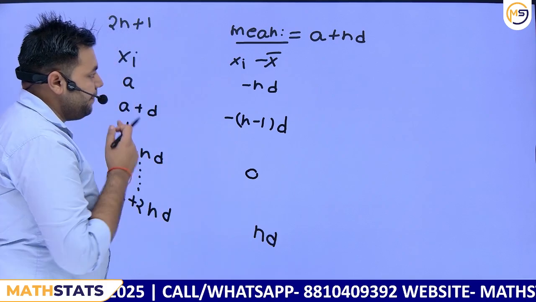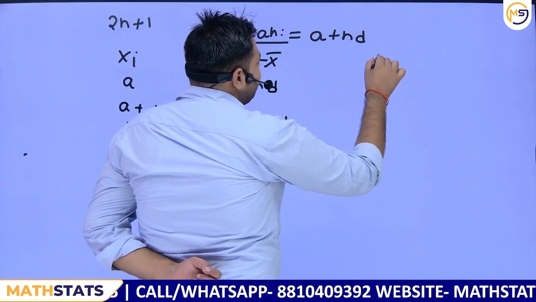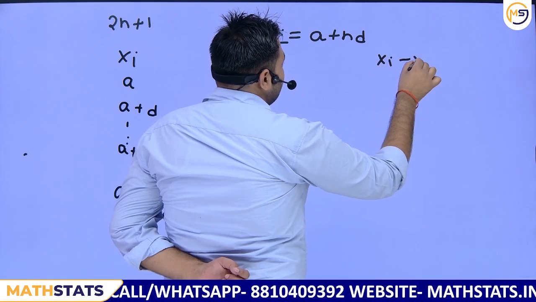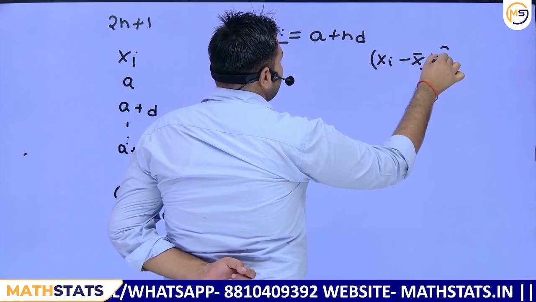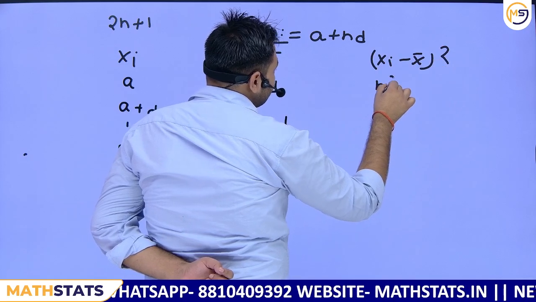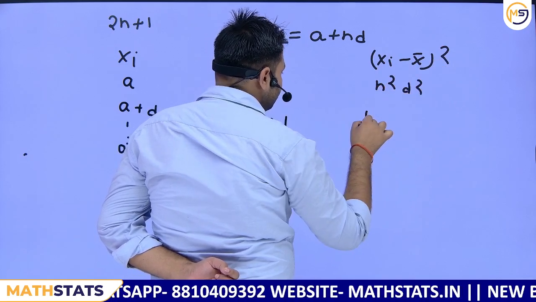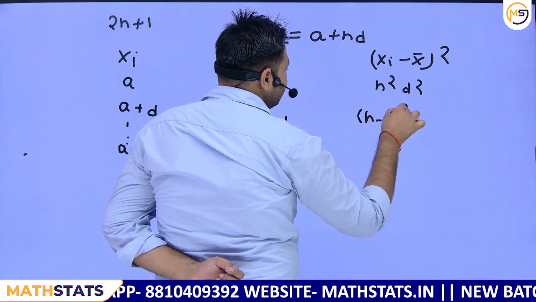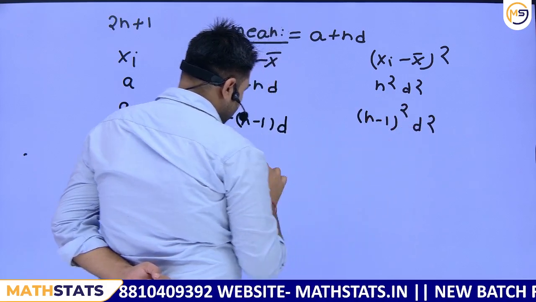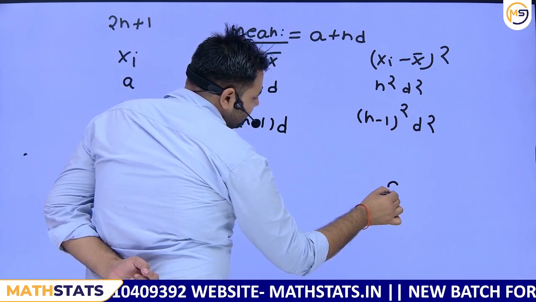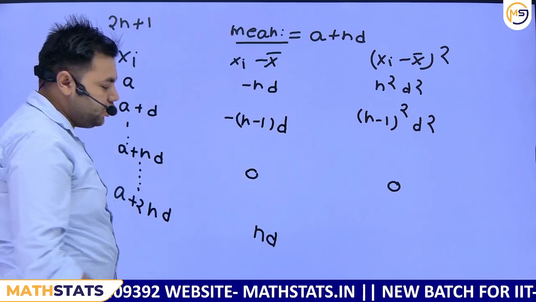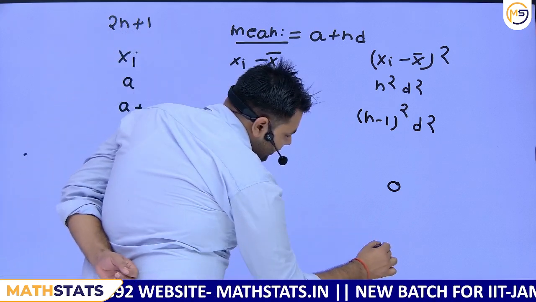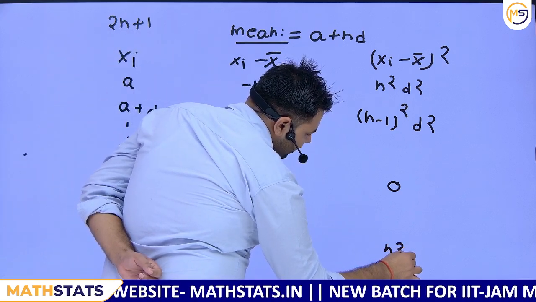This is nd. Okay, now what is the value of xi minus x bar square? The first value is n square d square, the second value is n minus 1 square d square, right? And the value corresponding to 0 is 0, and the value corresponding to nd is n square d square.